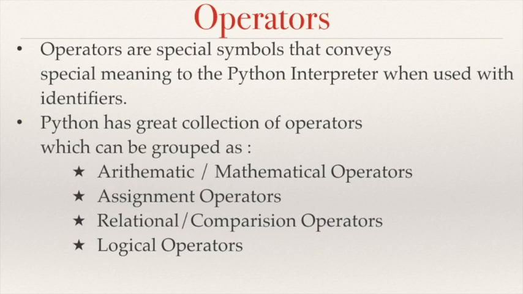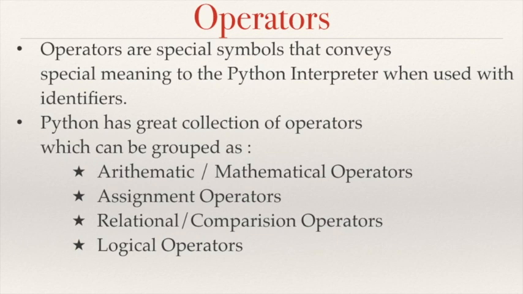Operators. Operators are special symbols that convey special meaning to the Python interpreter when used with identifiers. These symbols, when parsed during compilation of the program, cause a specific operation to be carried out by the Python compiler. There are mainly four types of operators used in Python.